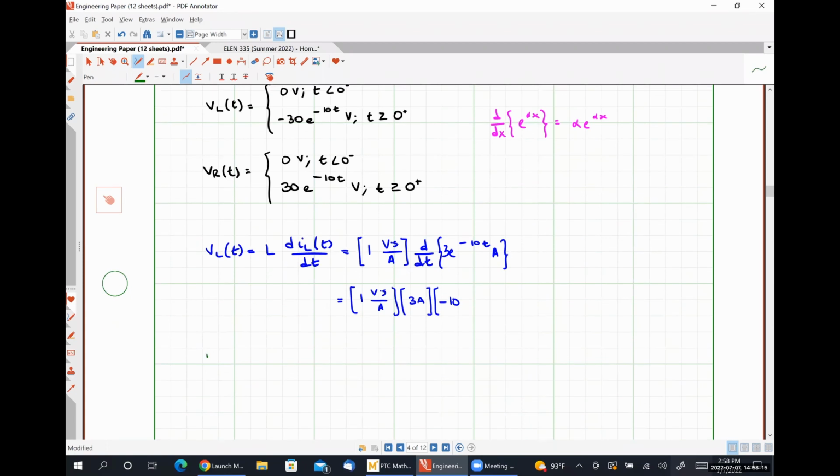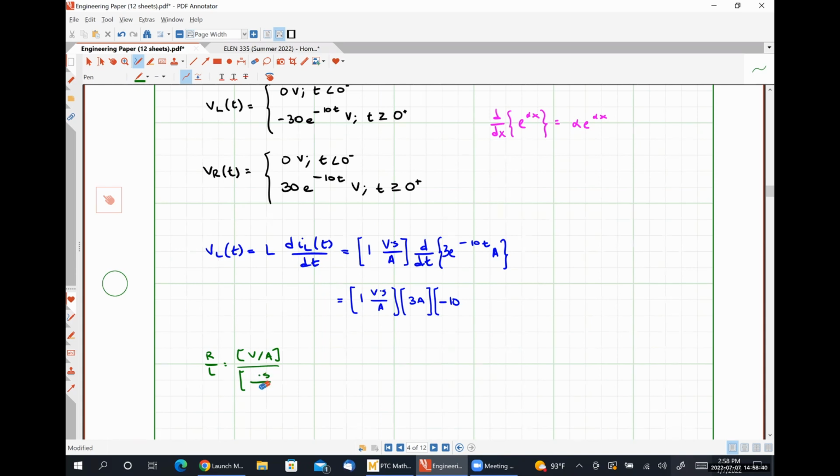So resistance over inductance is going to look like volts per amp divided by, excuse me, volt seconds per amp.